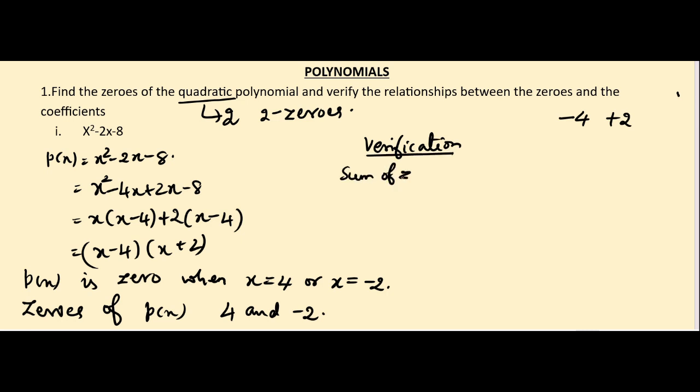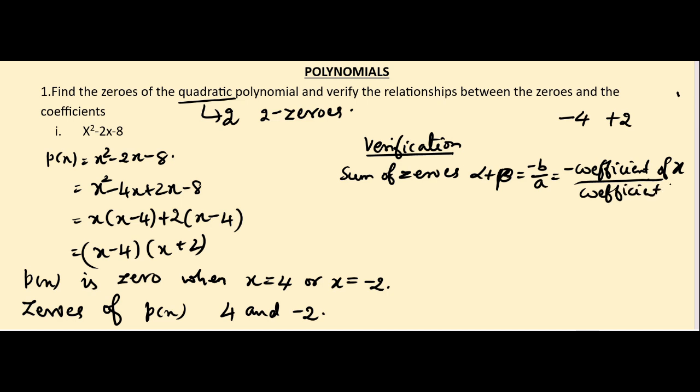If alpha and beta are the zeros of the polynomial, then the sum of zeros, alpha plus beta, is equal to minus b by a. Here b means the coefficient of x, and a means the coefficient of x square.